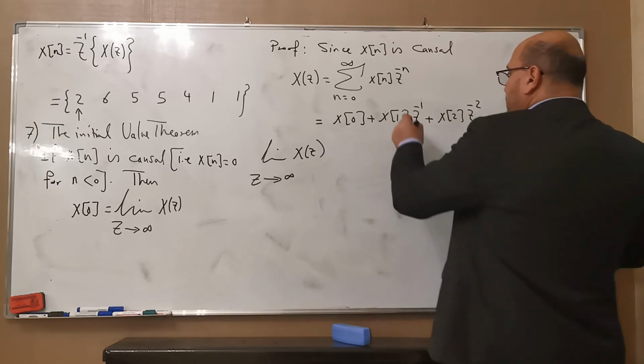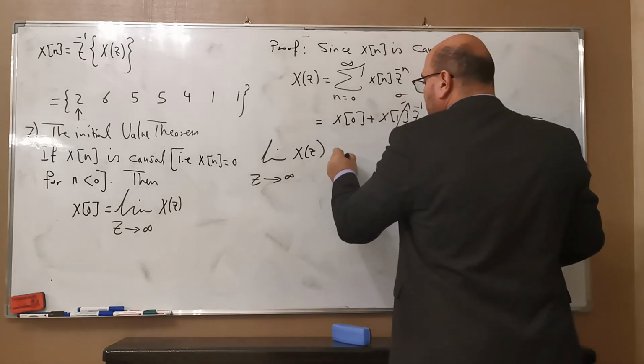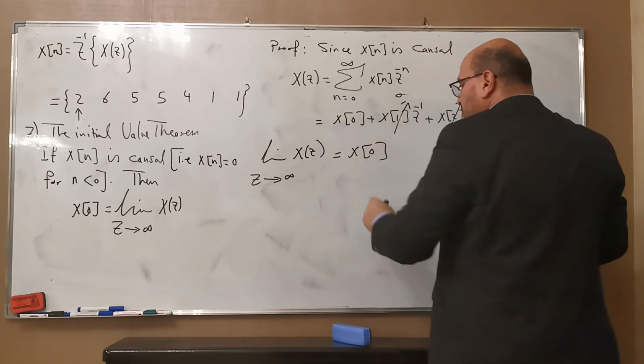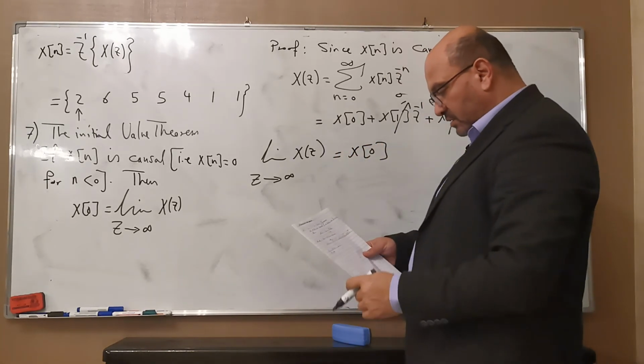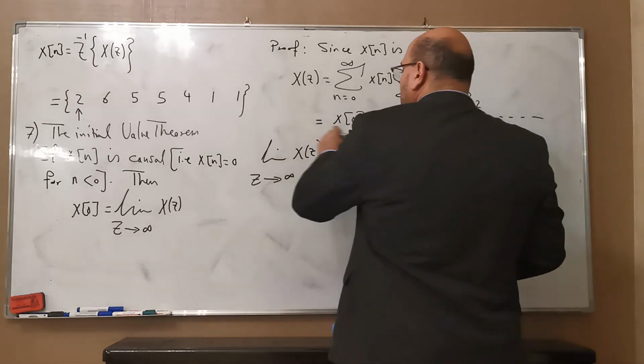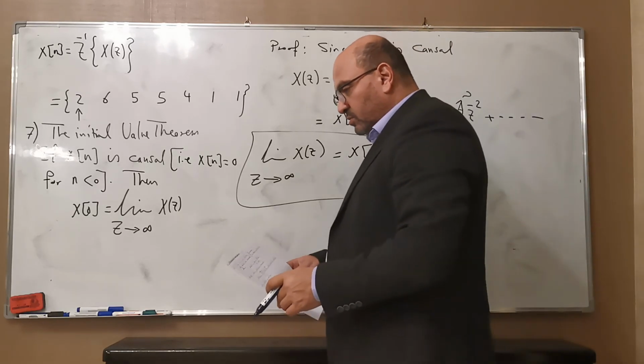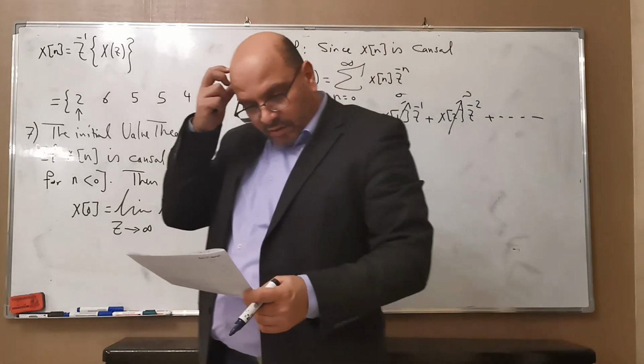So you have x of 0, the only constant that does not vanish in those terms. This is one thing that we can make use of, which is called the initial value theorem.